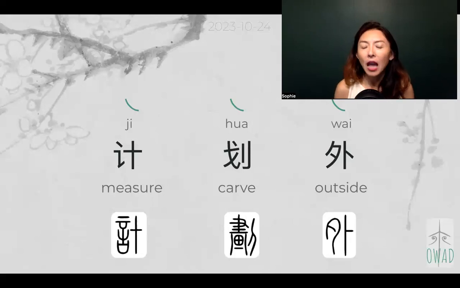But here, this 计划 is more like a contemporary translation, or the Chinese responding to the external influence, the outside world's concept about planning.